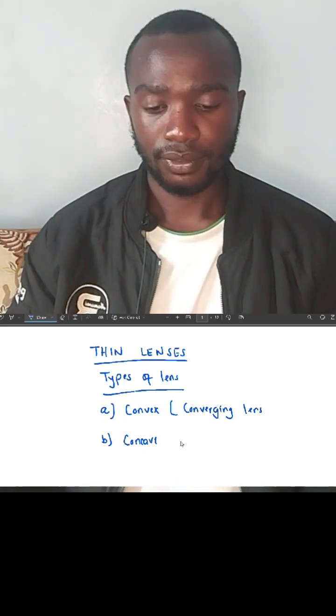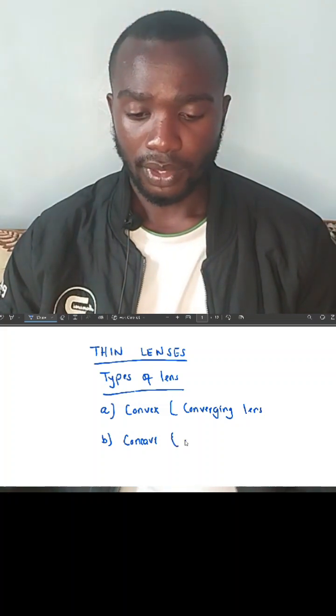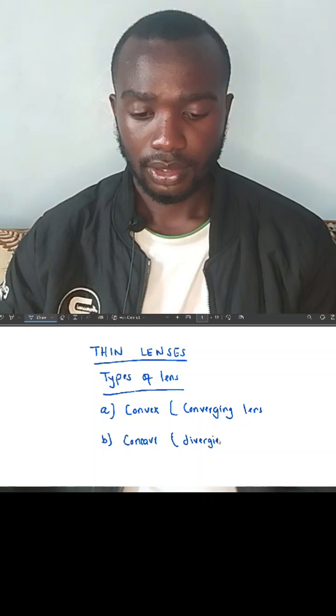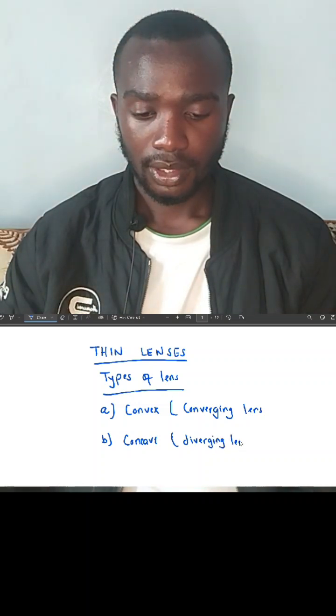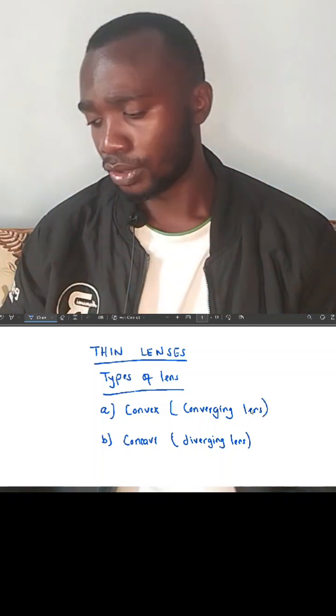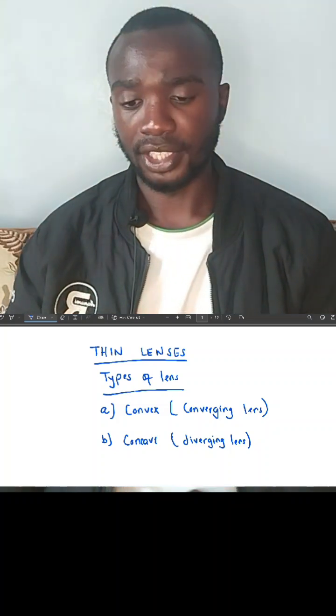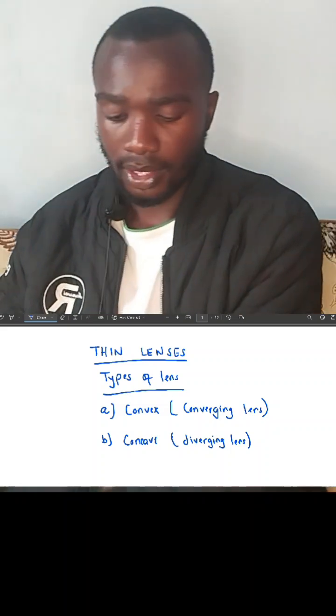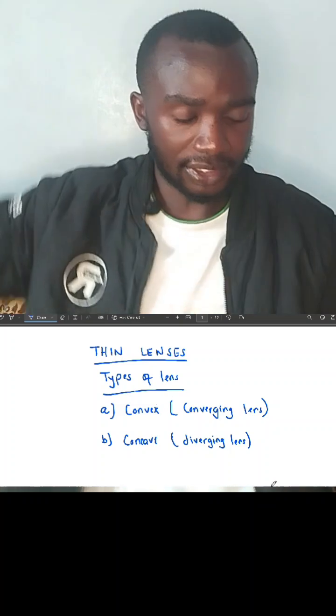And the concave, we can also call it the diverging lens. So before tuziongelelee sana, hebu tuone vile zinafanana. The lenses, the concave and the convex lens.